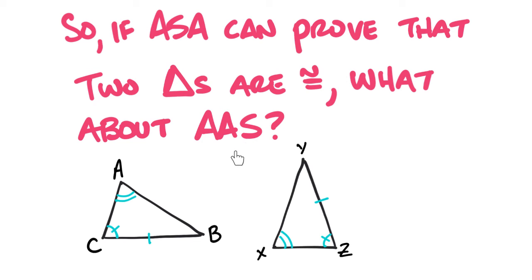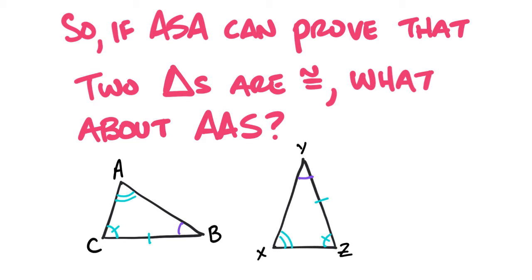And what we can look at is, well, wait a minute, we already know angle side angle works. And if I just look at the angles that I have marked in these pictures, angle A and angle X, angle C and angle Z, those are congruent. That would mean that it would be impossible for angle B to not be congruent to angle Y, right?